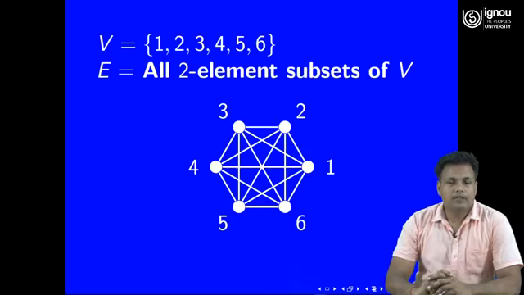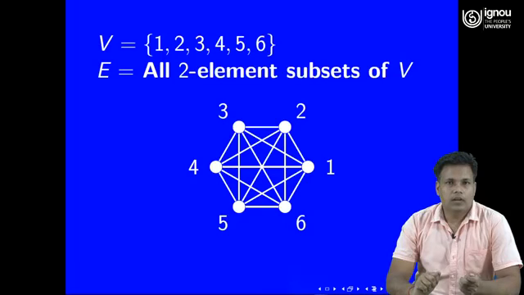Here every vertex is adjacent to every other vertex, that means for every pair you can see there is an edge joining those vertices.